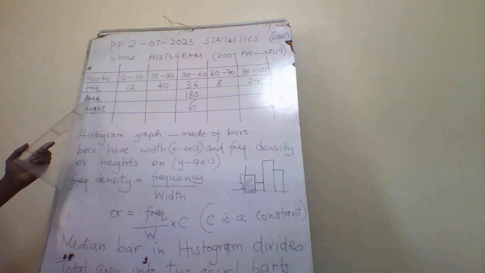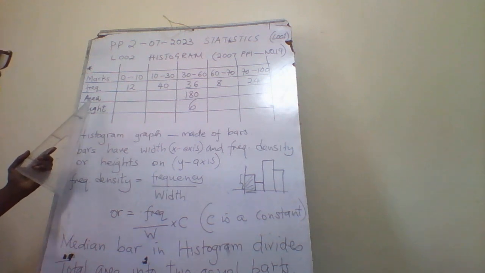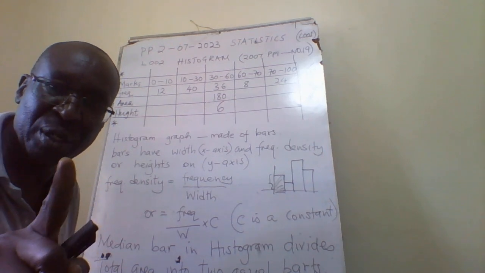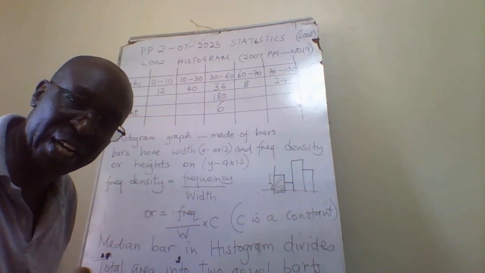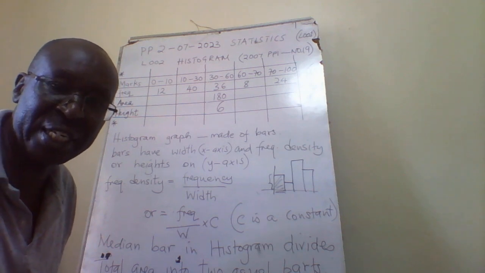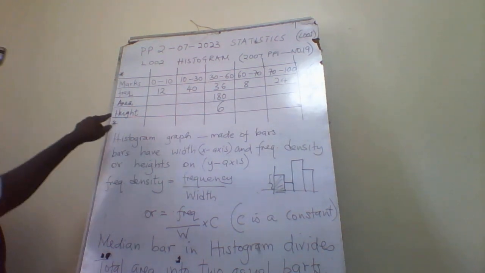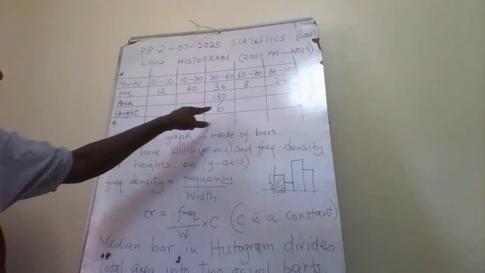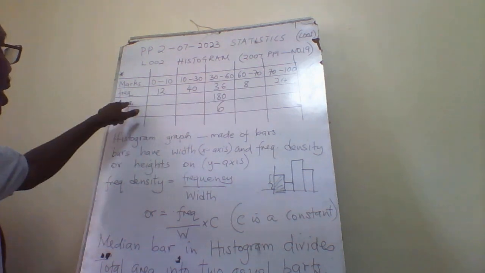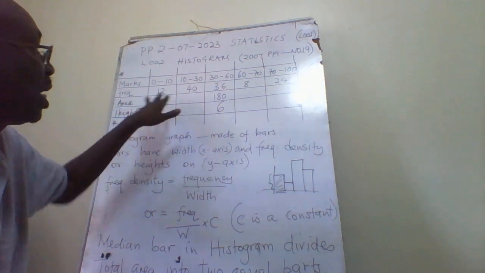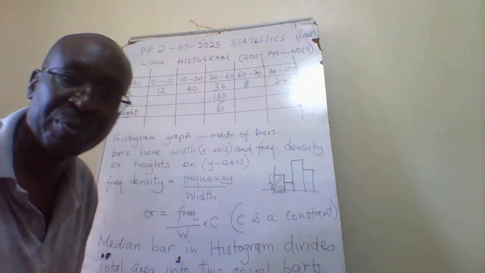So we have a question which is asking us to get the area, and you know that area is height times width. So we have here the height which has been given 6 and the area that has been given 180. We have to compute the rest of these gaps.